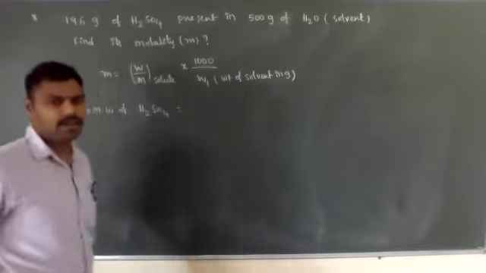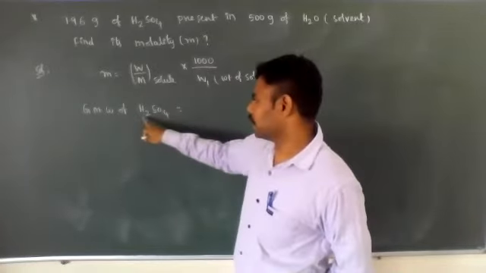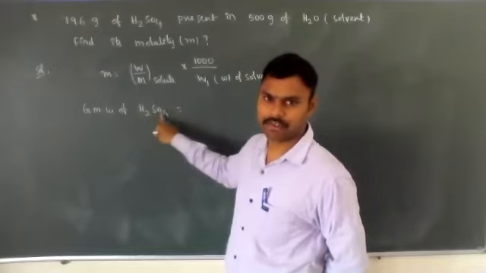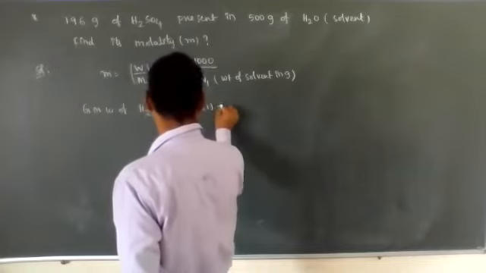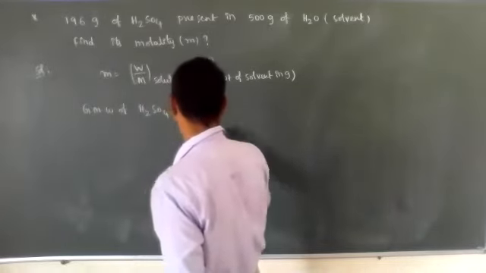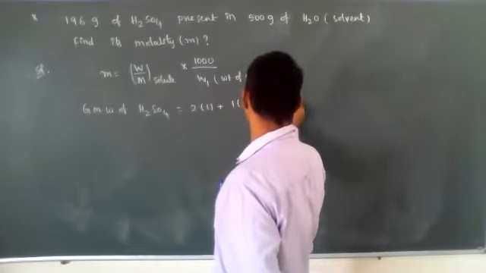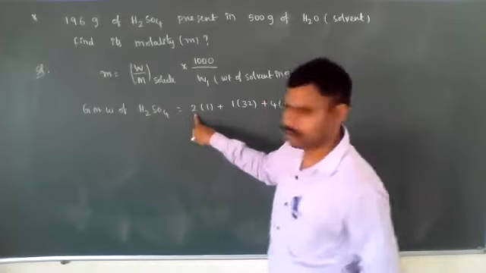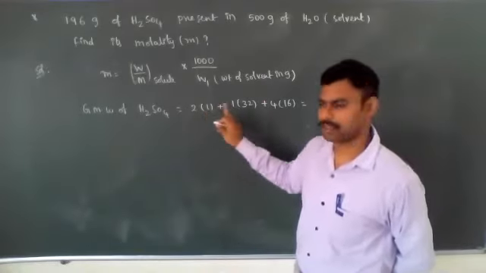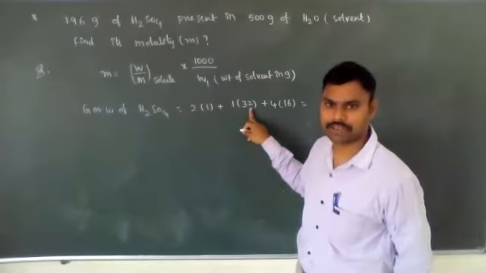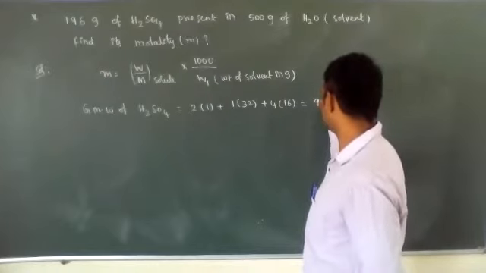How to calculate gram molecular weight of H2SO4? It is the atomic weights of 2 hydrogen atoms, 1 sulfur plus 4 oxygen atoms: 2 into 1 plus 1 into 32 plus 4 into 16. Each hydrogen atomic weight is 1, sulfur is 32, oxygen is 16. Add them and you get 98 grams.